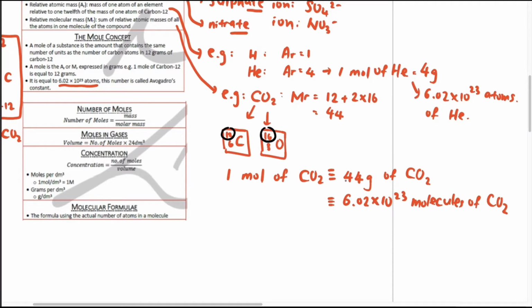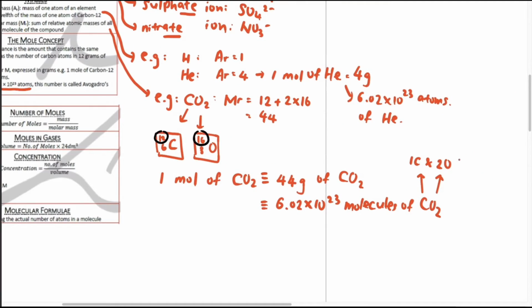Okay, but be careful with this because these molecules of carbon dioxide contain 1 carbon and 2 oxygen, which means there are 3 atoms here. So one carbon dioxide molecule has 3 atoms.